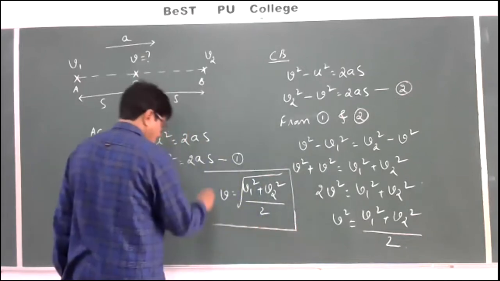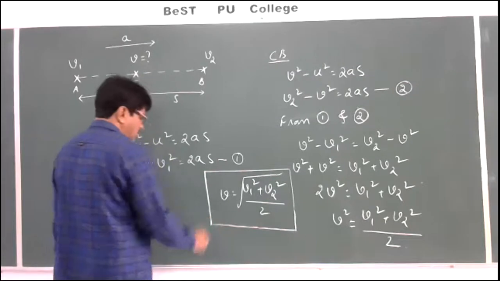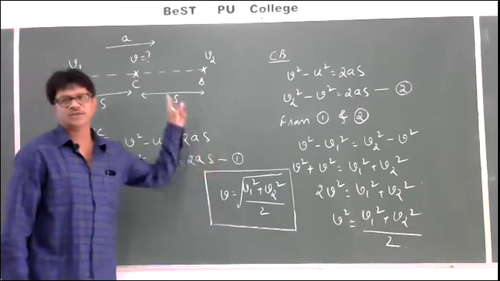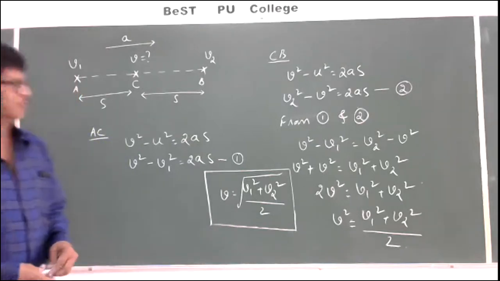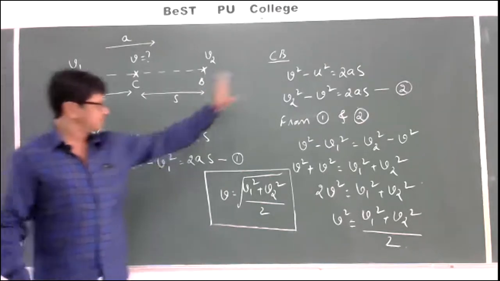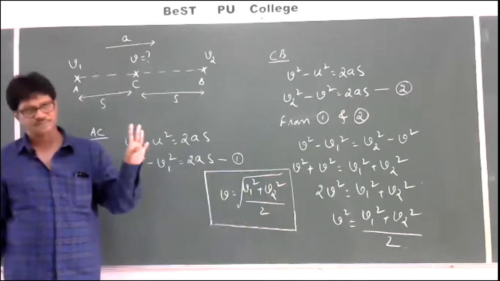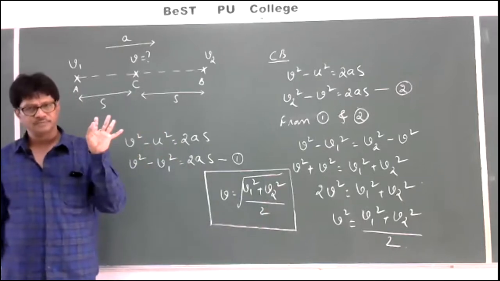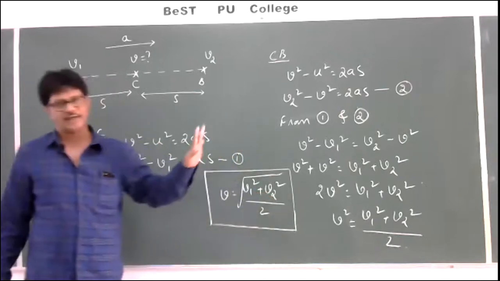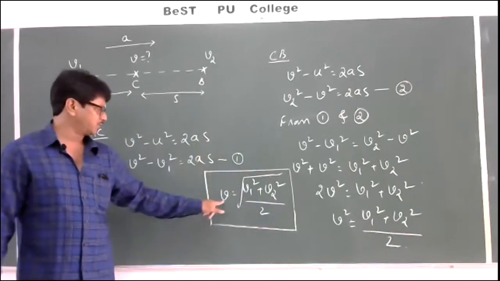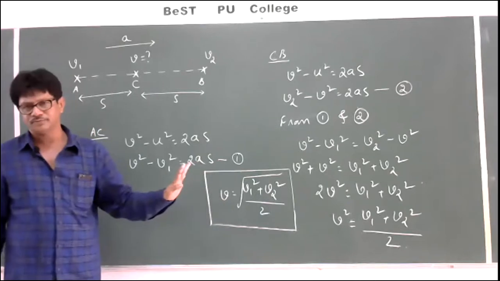So if you are able to remember this formula, directly we can substitute the values. If you are unable to remember this formula, we have to follow this procedure to get the answer. In the numerical, he will give only V1 and V2 values directly. He will ask us to find the V value. Okay?